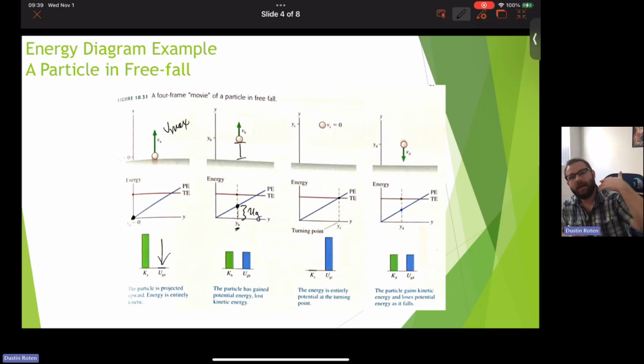And at the same time, it also has some kinetic energy because it's still in motion. You can actually see that here in the bar plots. It looks like a 50-50 mix of potential and kinetic energy. And since this ball still has a velocity up, it's going to keep going.